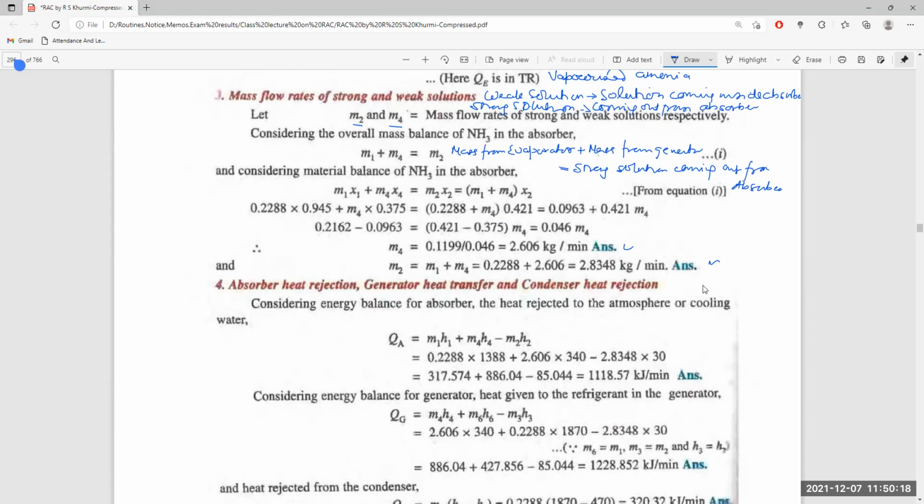This is the energy coming in, and this is the energy flow going out from the absorber. So we put all the respective values, and we get the heat rejected to the atmosphere or cooling water as 1118.57 kilojoule per kg.